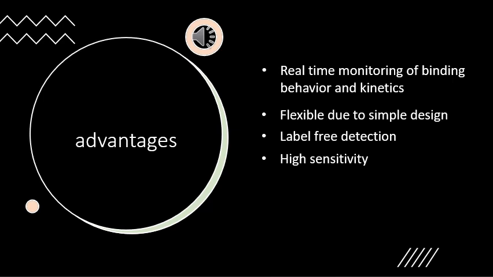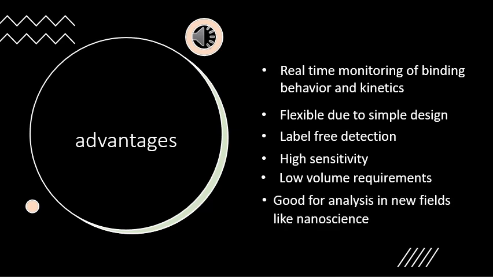Couple this with the label-free nature of the technique, and you have a very reliable and highly sensitive technique to take advantage of. These are the main advantages. However, other advantages like low volume requirements due to the plasmon field mentioned before, and its flexibility due to its simple design, as well as just being useful in general for new fields like nanoscience, make this technique very relevant.